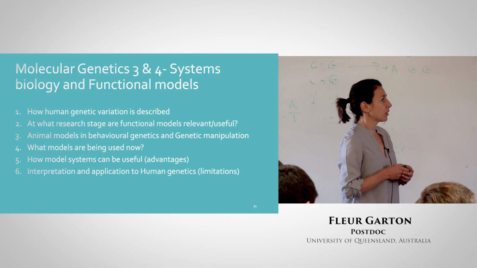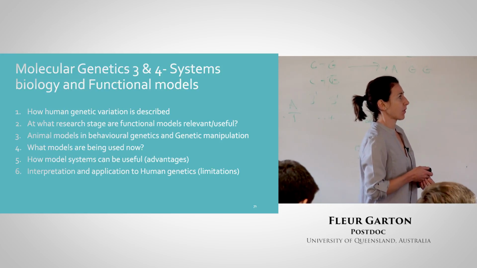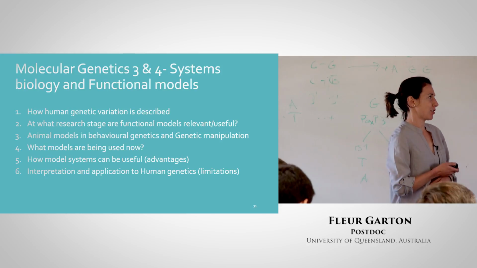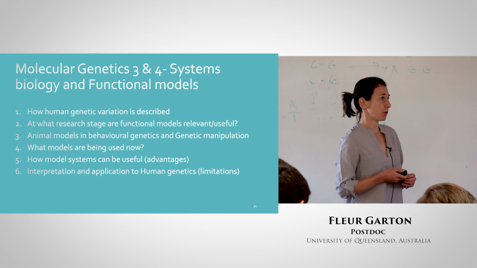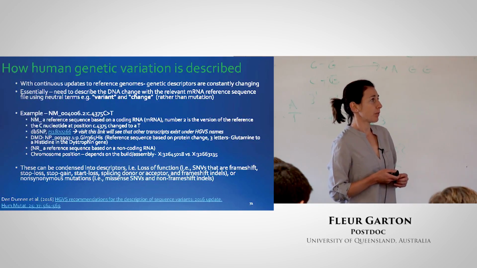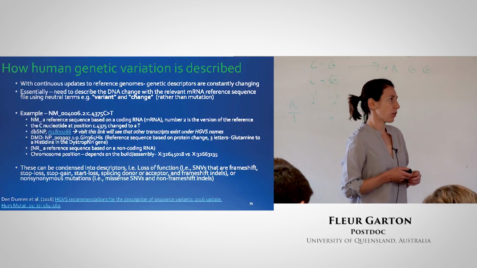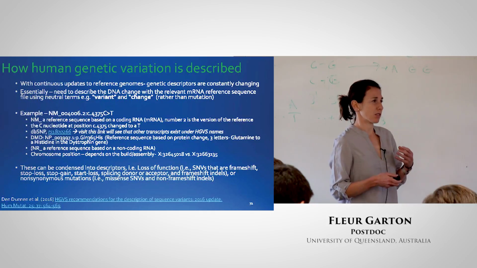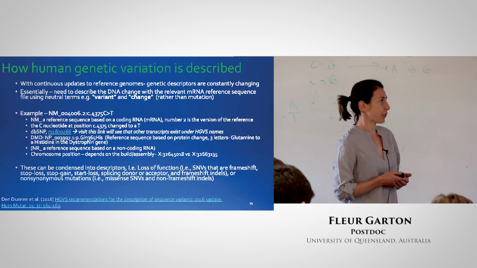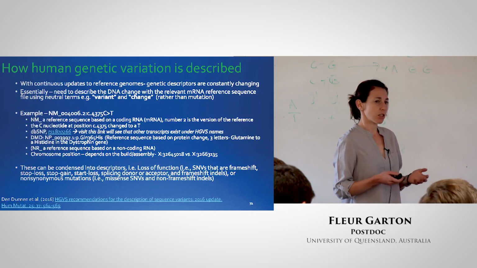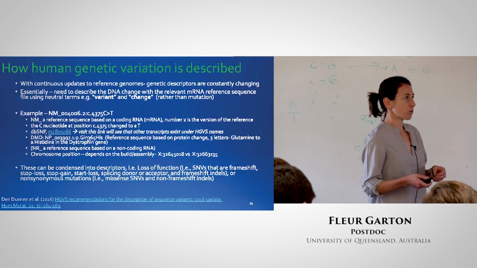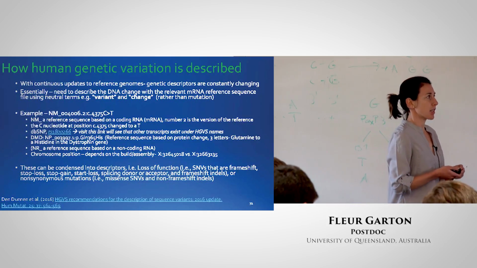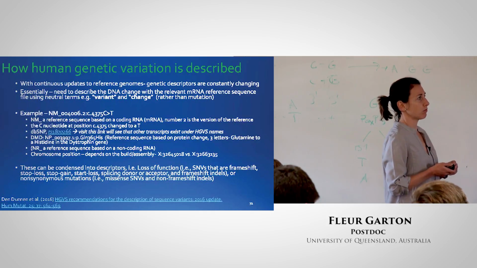Okay, so how is genetic variation described? This is just a very basic slide, and some of you might be familiar with this already. The reference genomes and genetic descriptions have been changing over the years. Essentially, you need to describe the DNA change with the relevant RNA sequence using neutral terms.